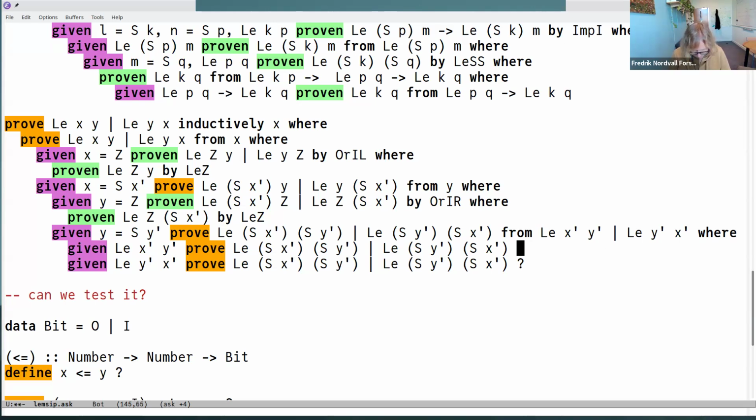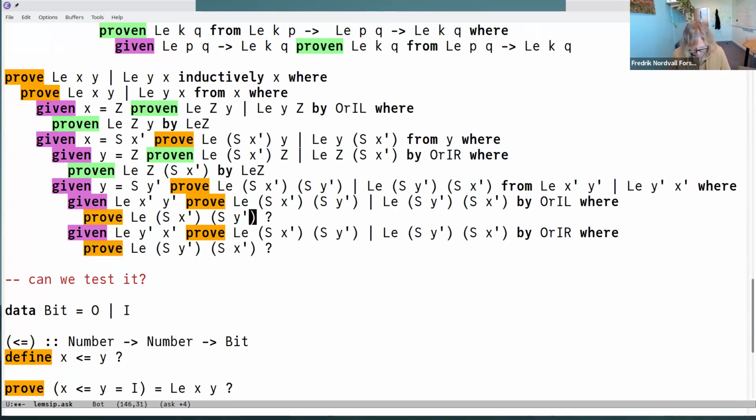So here, I'm going to go left, and here is the other way around: y prime is less than or equal to x prime, so I should be able to go right. Here I've gone left, here I've gone right.